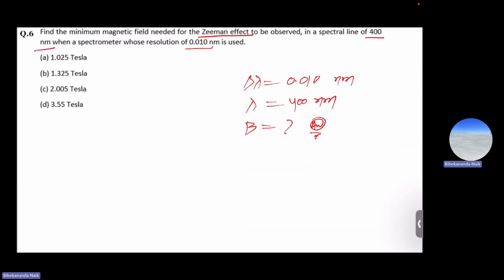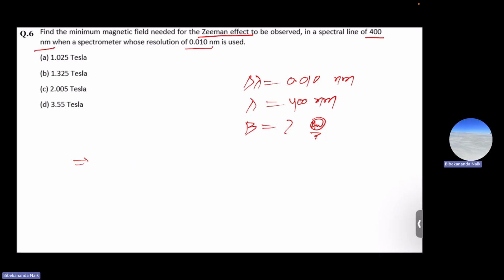It is pretty much similar to the question that we had solved earlier, but the only difference is the unknown here is different. In that question it was 0.3 Tesla and we needed to find out the splitting, and here the splitting is given, we need to find out the magnetic field.